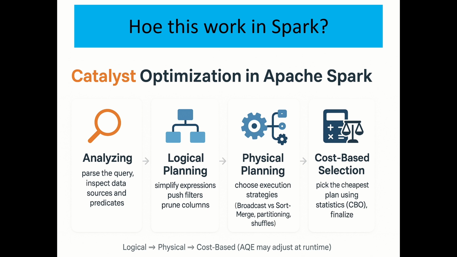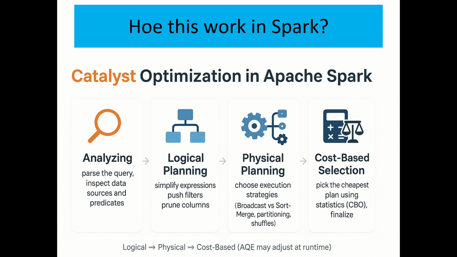We write code, and at the end of the day, we are human beings, right? While writing code, we sometimes forget a few rules. We are not habituated with all the rules and techniques. Catalyst optimization's work is basically to analyze your things, I mean your objects, your data, your code.